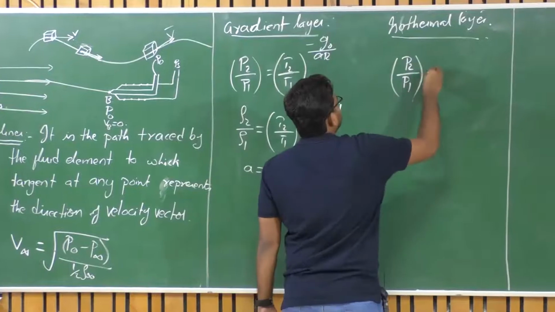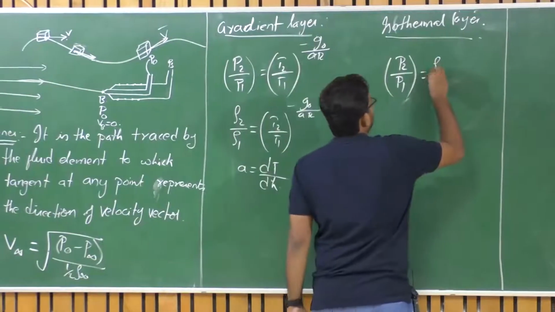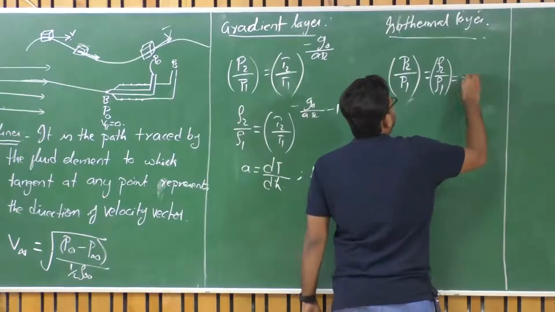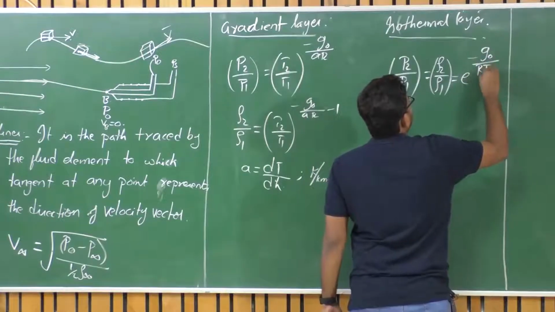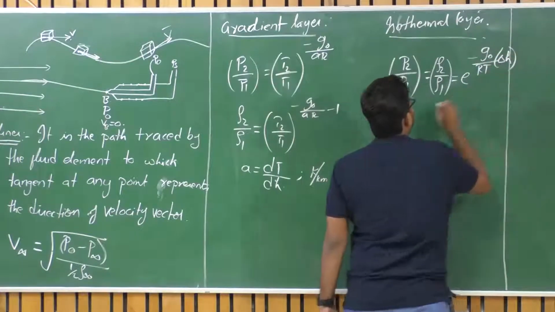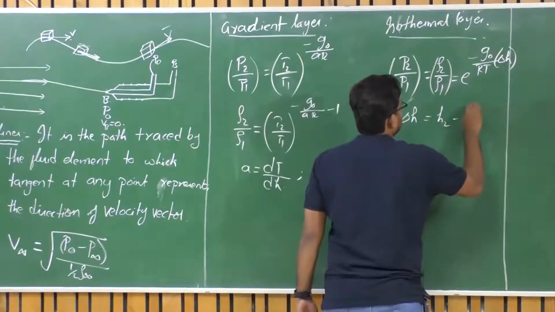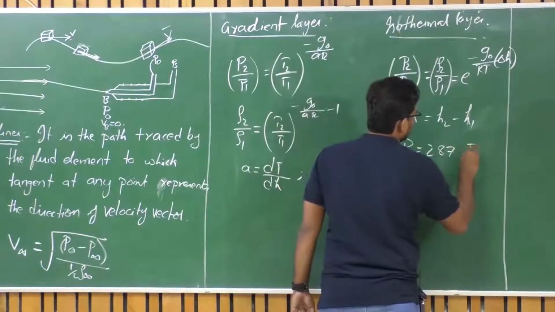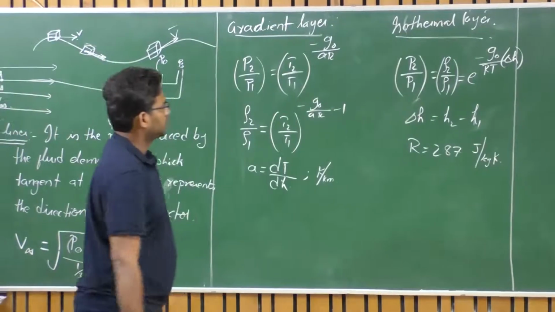For any 2 points in that isothermal layer, we can relate them using these 2 equations: e raised to the power of minus G0 by RT times delta H, with delta H equal to H2 minus H1, and R is equal to 287 joule per kg Kelvin for air, right?